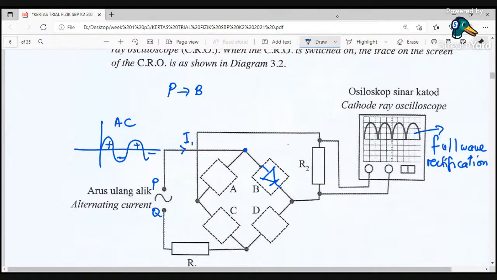Because we want it to go to Q, it will continue to go to R2, and then go to here. The current cannot go to D. This is reverse bias.